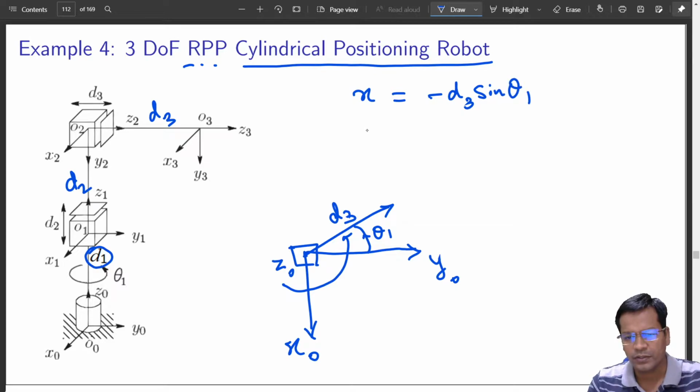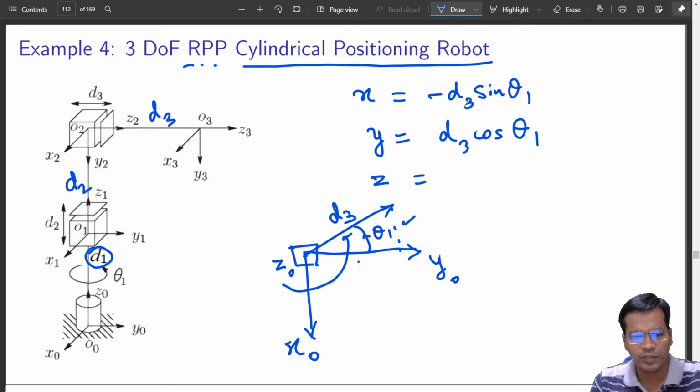Clear? So similarly y will be, sine was like this, so this is cosine, so d3 cosine theta 1. How much will be z? Z will be directly the sum of d1 and d2.